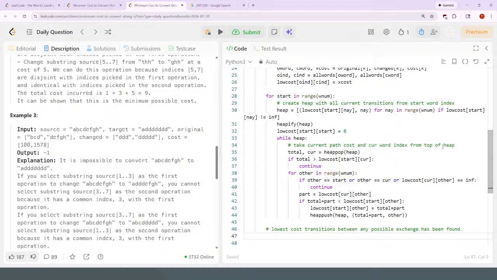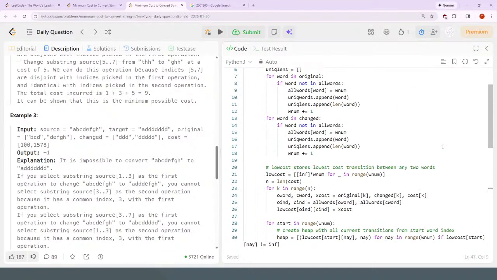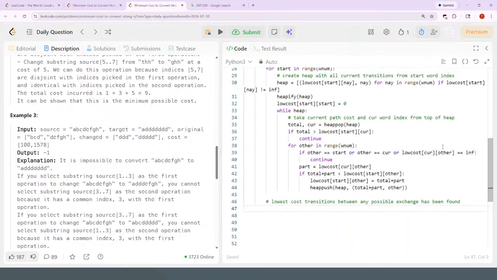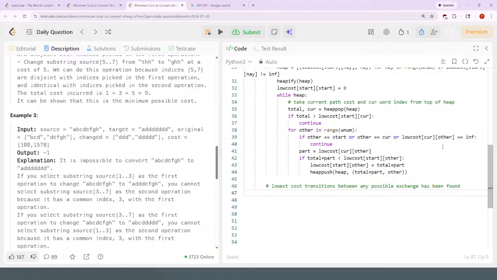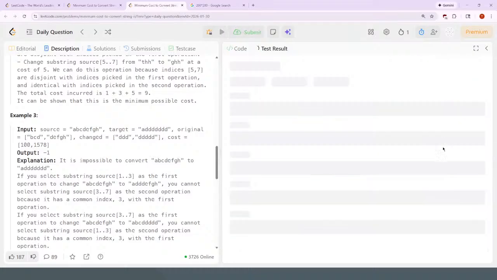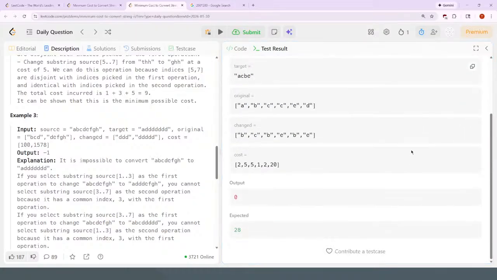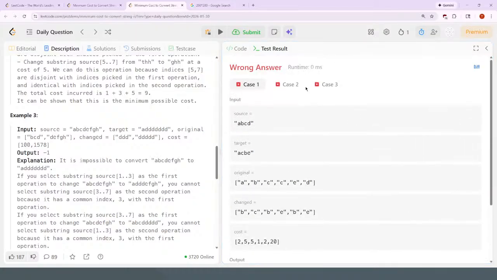So now it's just the dynamic programming part, I think. Maybe I should actually check that there's no crashes here. Okay. Seems reasonable.